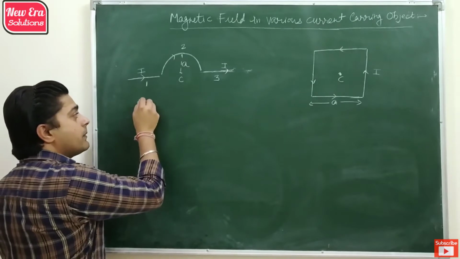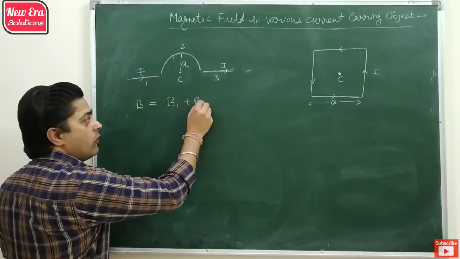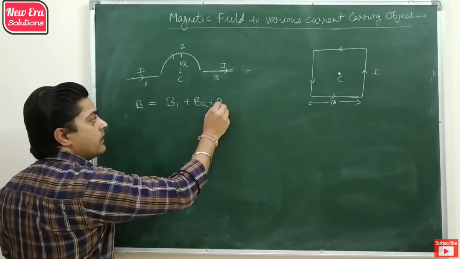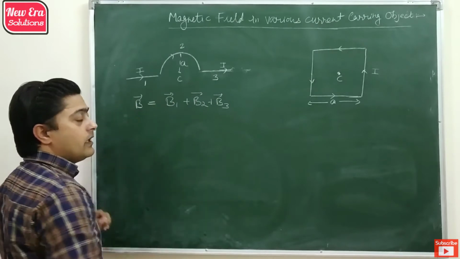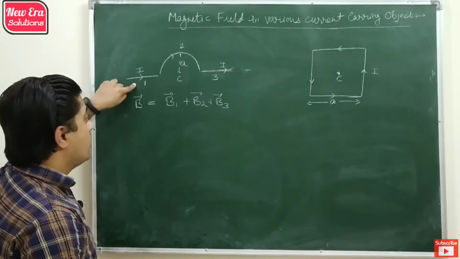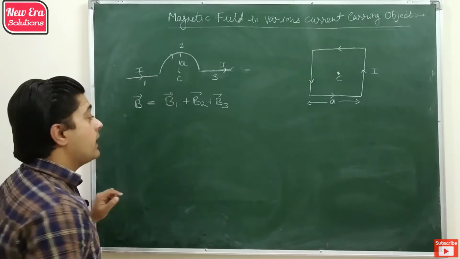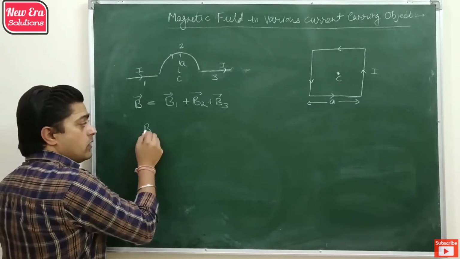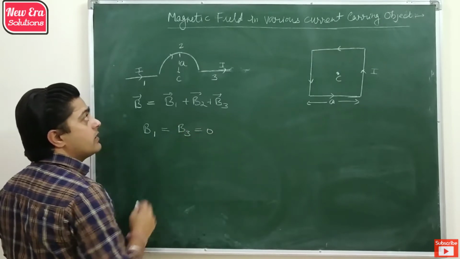So the net magnetic field at point C is the sum of the magnetic fields produced by the first, second and third element. As we know, the magnetic field on the axis of a current carrying wire is always 0. So B1 and B3 are 0.